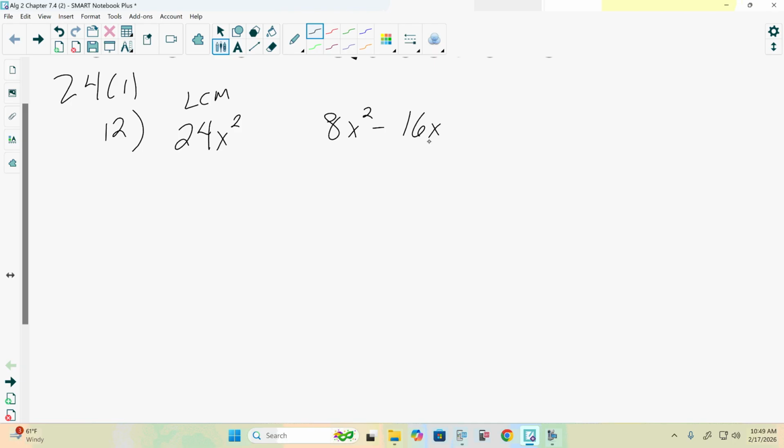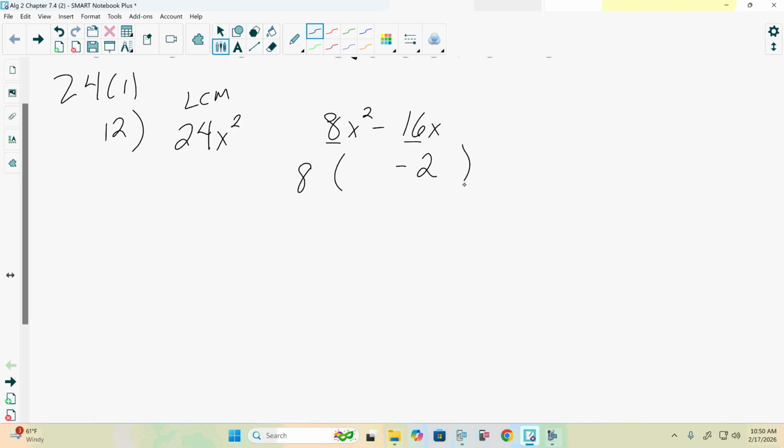Now we look at the other expression, 8x squared minus 16x. Again, the first thing we need to look for is the greatest common factor amongst these terms. Now, the greatest common factor, the biggest number that will go into both 8 and 16 is going to be 8. Because if we factor 8 out of 8, it factors completely. And if I factor 8 out of 16, 16 divided by 8 is going to be 2.